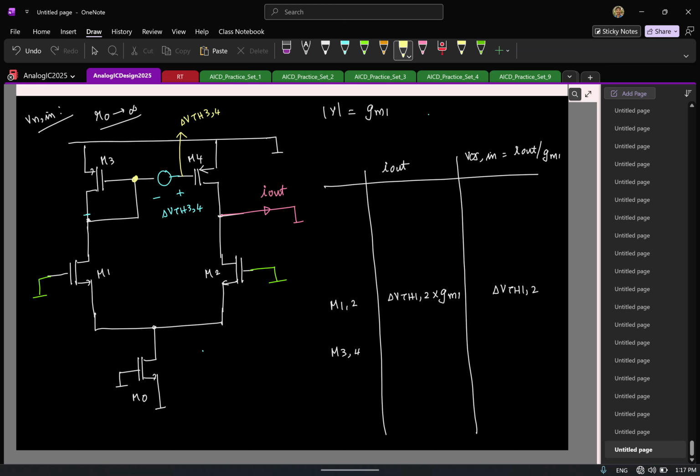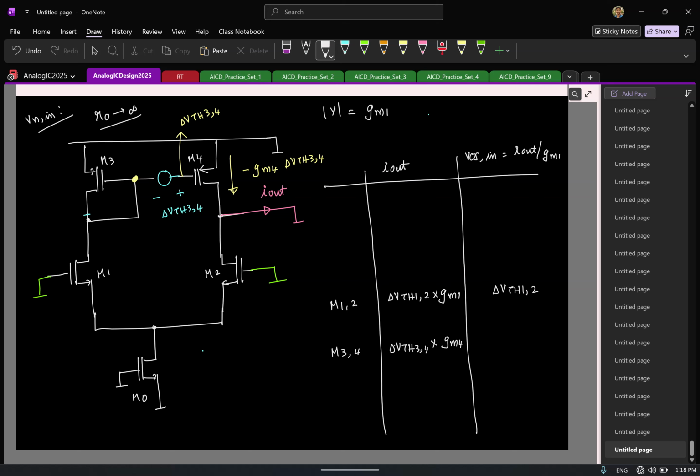So what is the small signal current flowing this way? If the small signal gate voltage here is delta VTH34, what is the small signal drain current? Direction, I mean plus or minus, GM4 times. So we can directly write it as delta VTH34 times GM4.